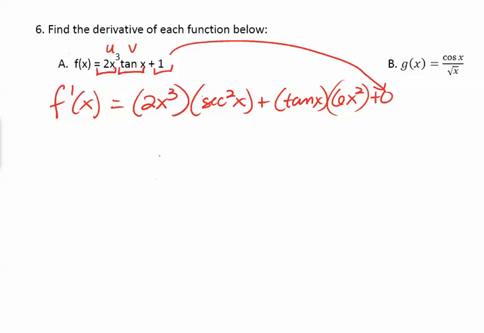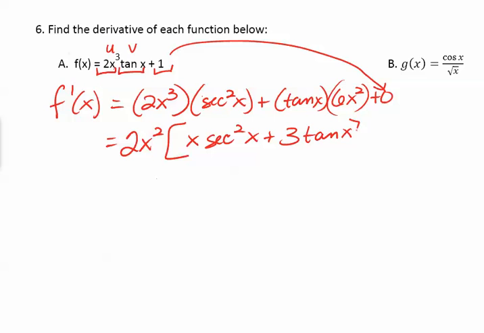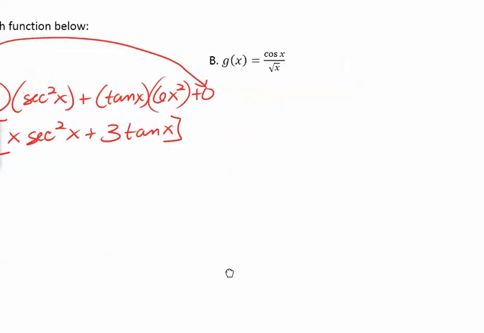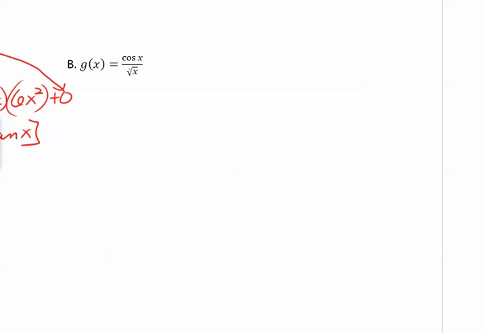Do we need to factor anything out of there? You certainly could factor 2x squared out in front, and you might see it written in that factored form for a multiple choice question, and then we would put this coefficient of 3 in front of the tangent, but just a small change to factor out the GCF.